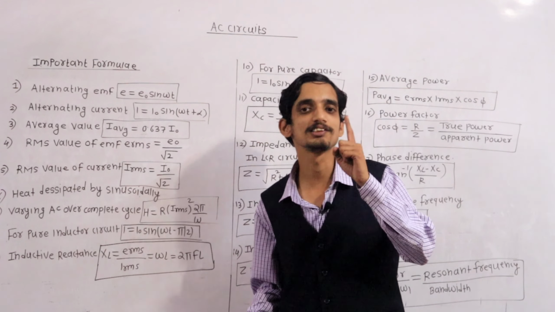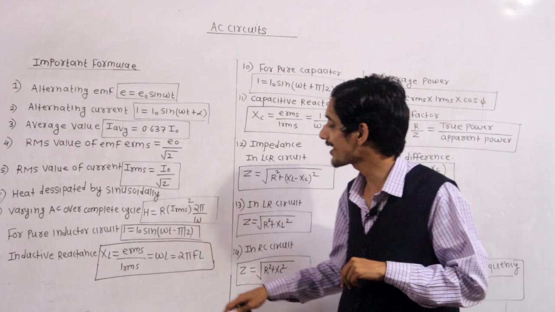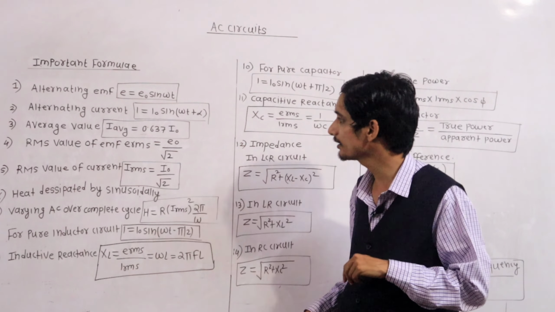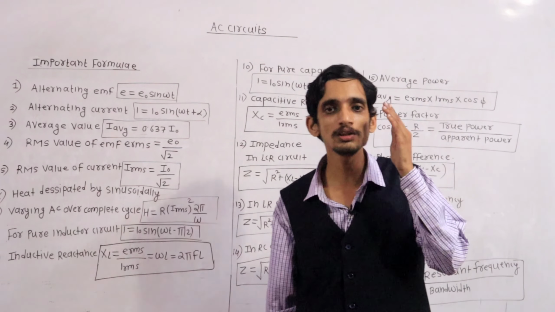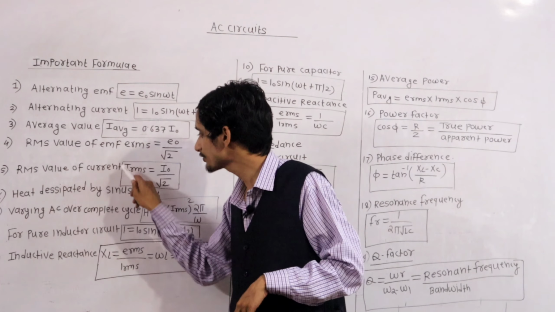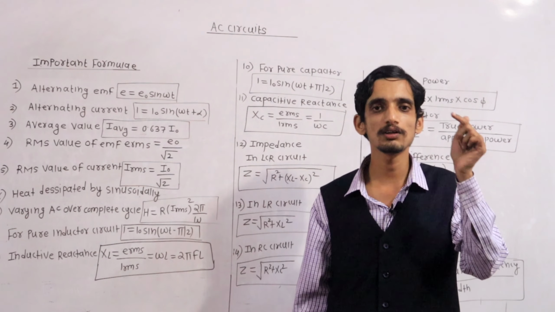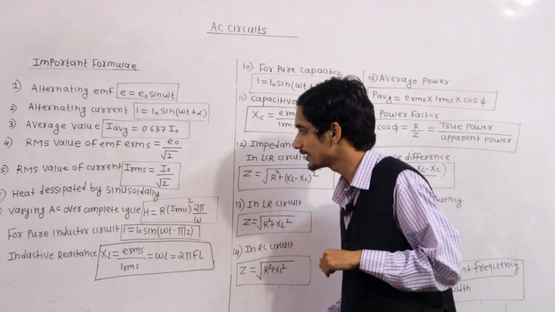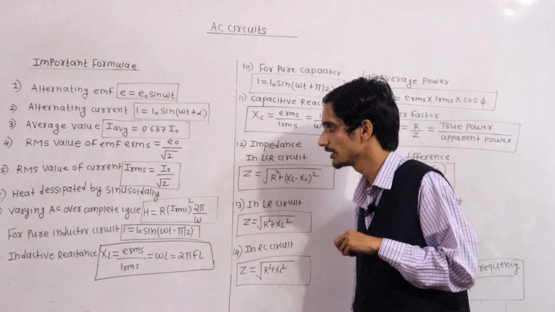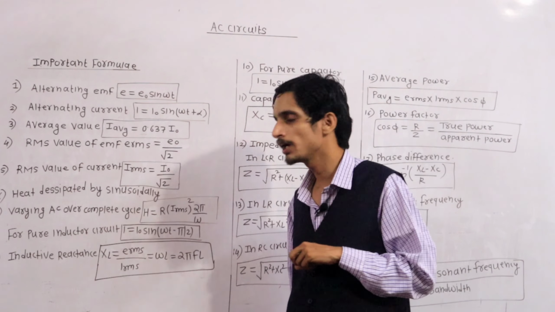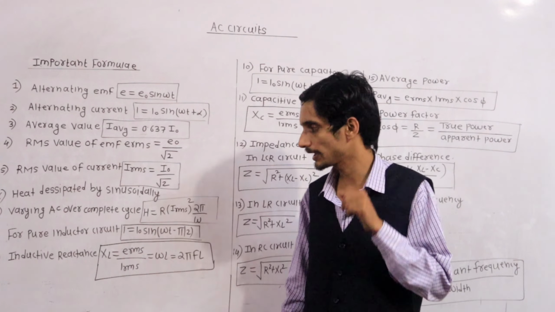Then average value I average is equal to 0.637 times I0, where I0 is the peak value of current. RMS value of alternating EMF, E RMS, is E0 by root 2. RMS value of current, I RMS, is equal to I0 upon root 2. Heat dissipated by sinusoidally varying current is H equal to I RMS square into R into 2 pi by omega.